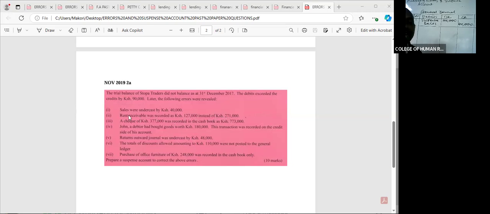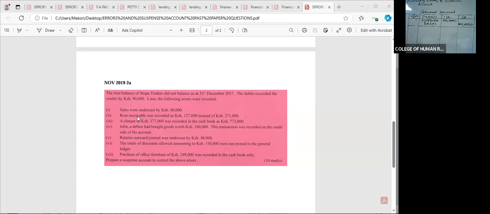And we have agreed discount receivable is supposed to be credited. So on the credit side of discount receivable, we made an undercast. Because this account was credited and it is an undercast, we credit again by the undercast amount, which is the difference, 144,000.